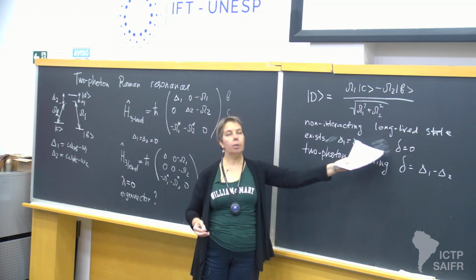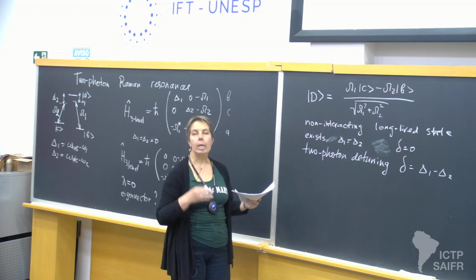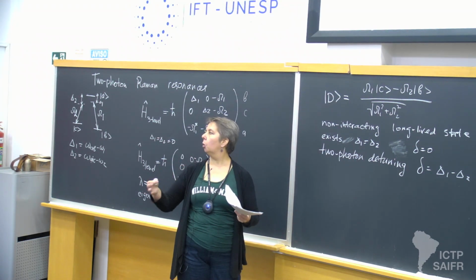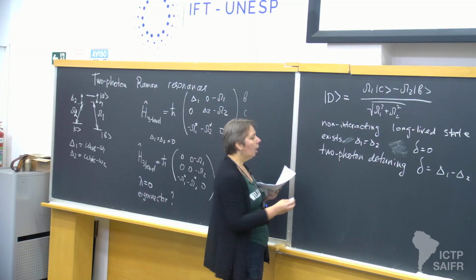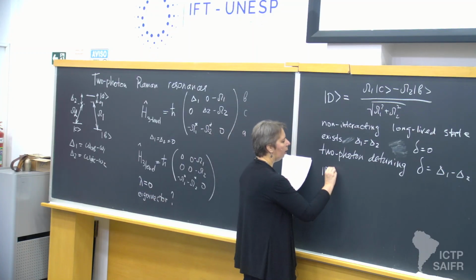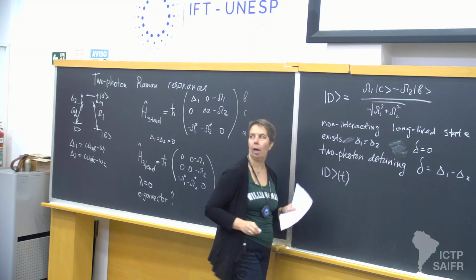Now, of course, this is a very special point. What's going to happen if the two-photon detuning is not exactly 0? In this case, the dark state is going to evolve in time.